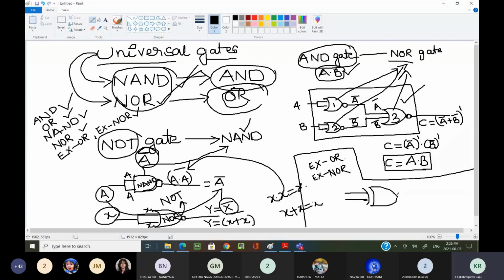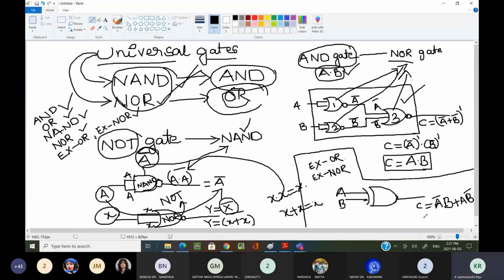It is taking two inputs and giving a single output. Now the logical expression is A bar B plus A B bar.